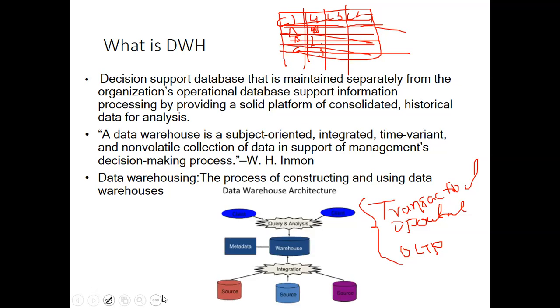At the end of the day, what I'm going to store in the data warehouse is how many customers are added, how much deposits have been added, how many lockers got opened. I don't go into individual records. I will take the aggregated data and store it in the database.